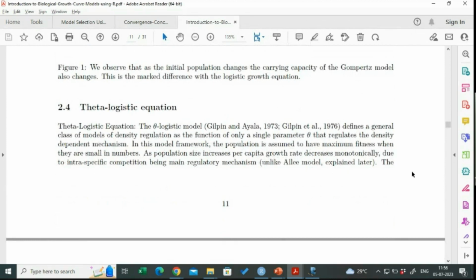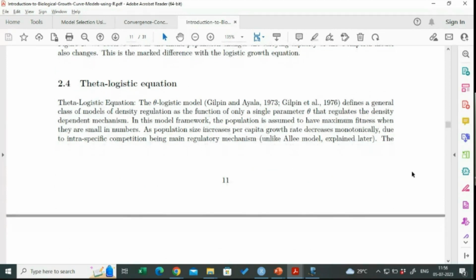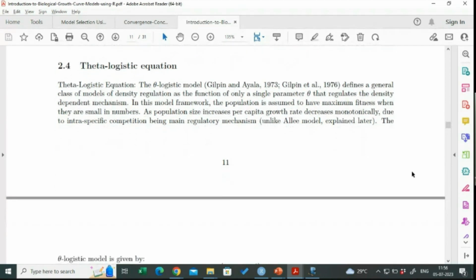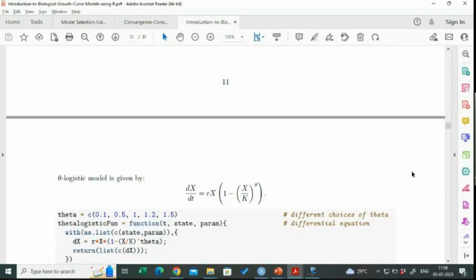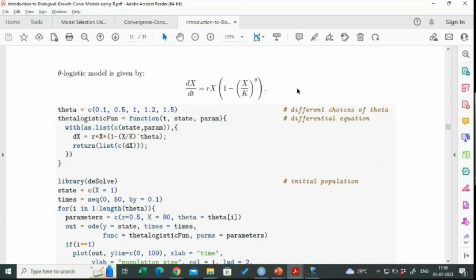Similarly, another very popular equation in the field of mathematical biology is called the theta logistic equation or generalized logistic equation. I gave some references also, where they put x to the power theta. Theta is sometimes called the measure of asymmetry in the population size.